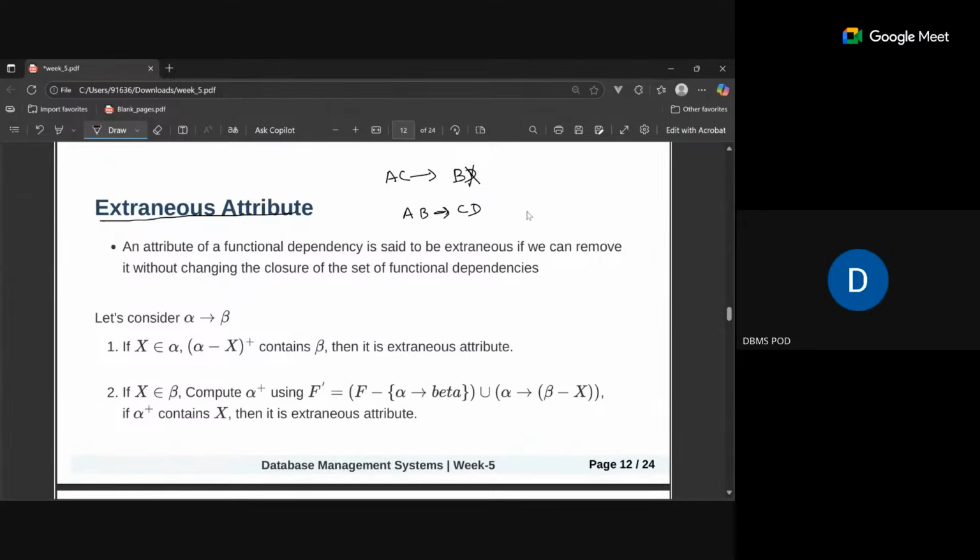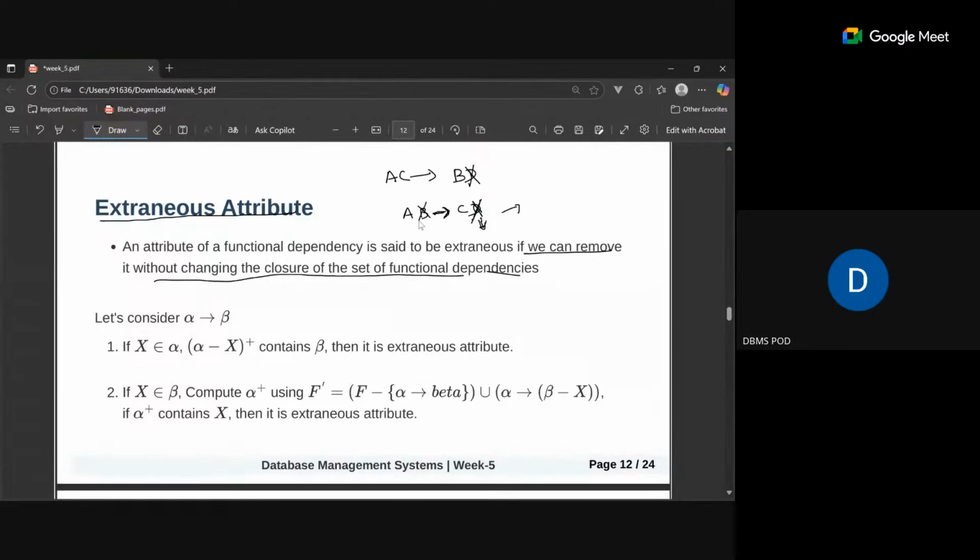So assuming that this dependency you found from the table, sometimes it could be not relevant to define, because it could be unnecessary or redundant, and we call that an extraneous attribute, if we can remove it without changing the closure of the set of functional dependencies. So we are calling this redundant.